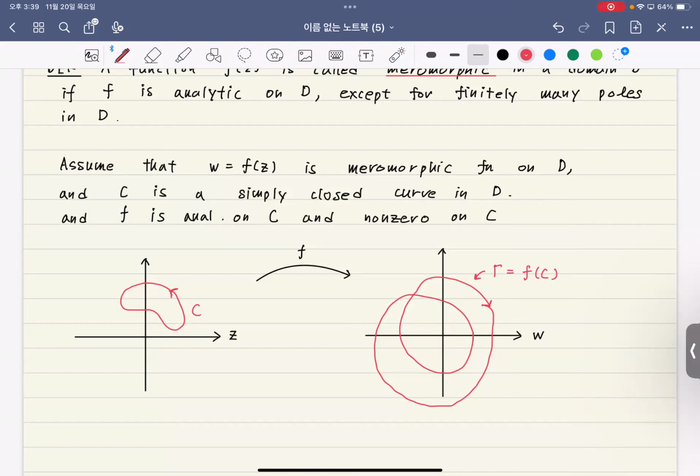Now what I want to do is this. Just choose any point on your curve C, and call it z0. It has an image at this point, so this is f of z0.